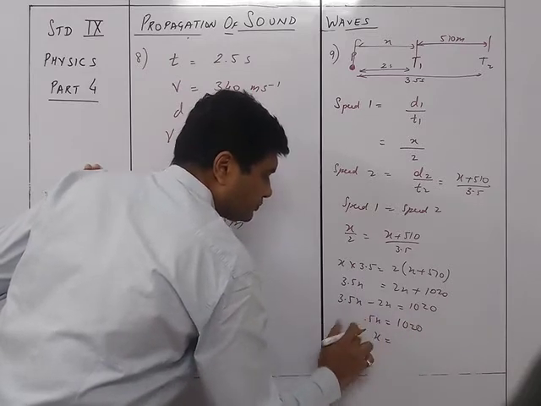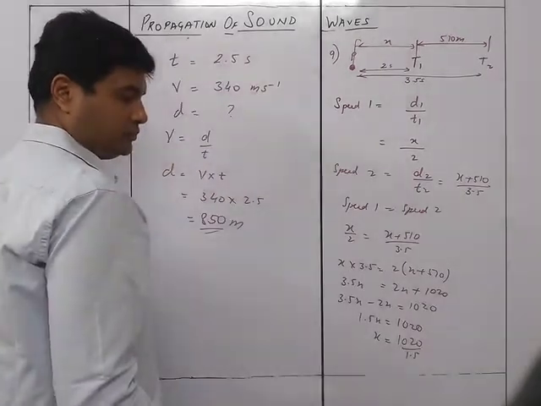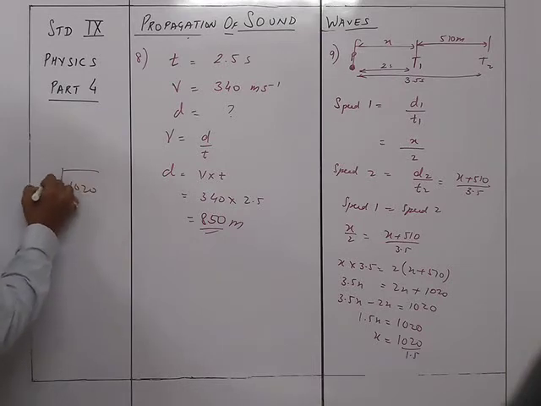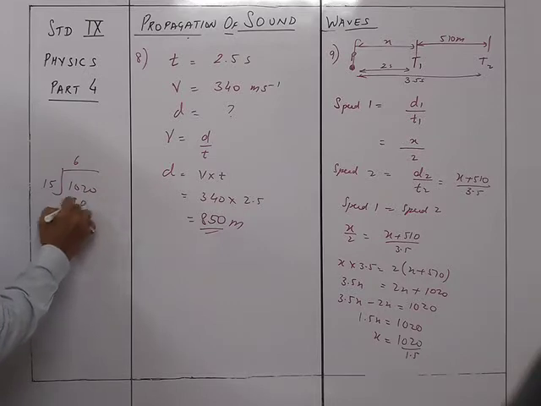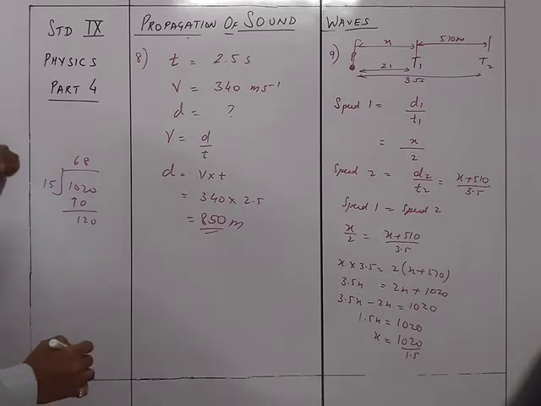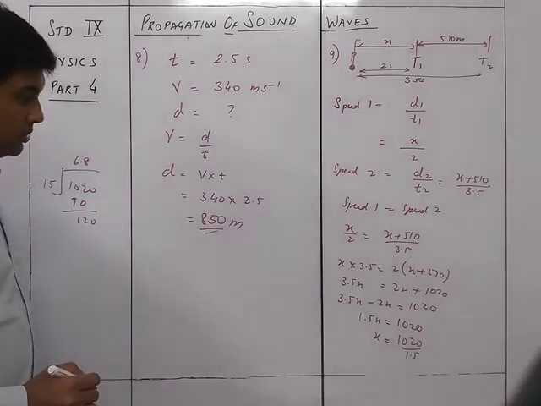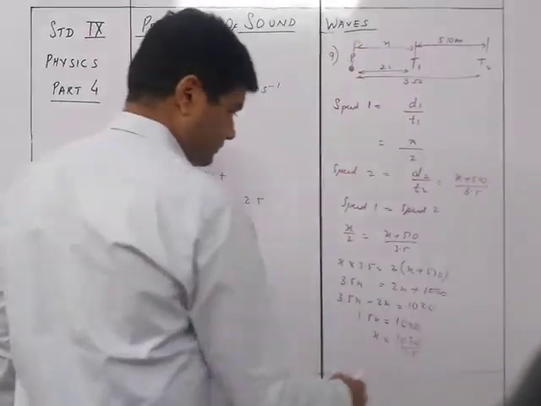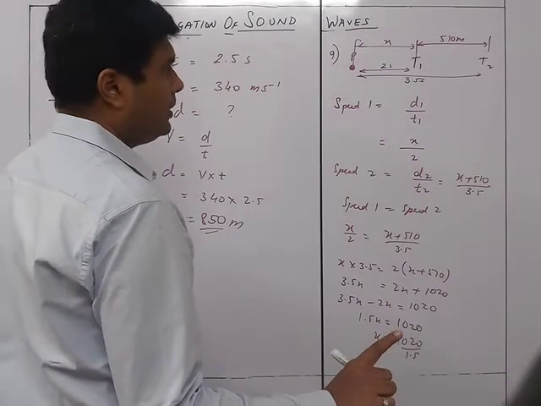x is equal to 1020 upon 1.5. Okay, so we are going to divide it. It will be 1020 upon 1.5, or 15. 15 6s are 90, so it will be 120. Wait, how did that happen? I think something is mistaken.